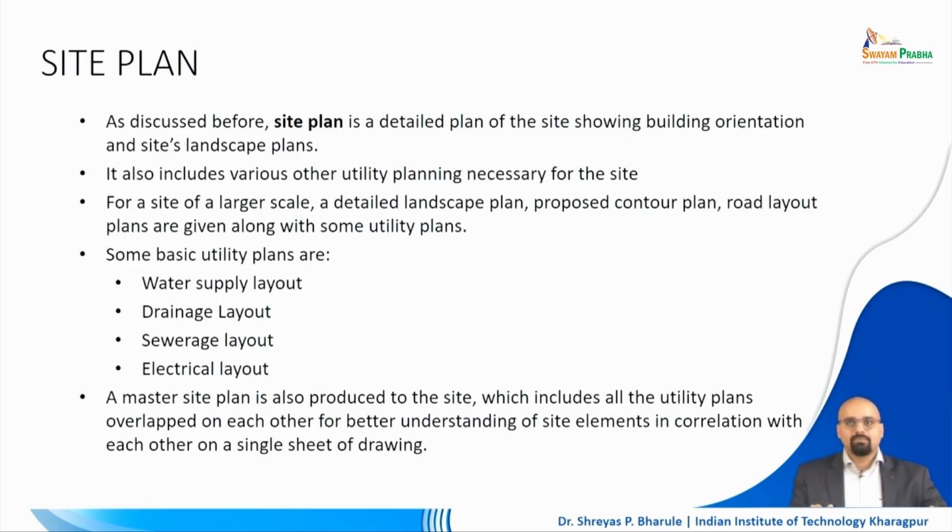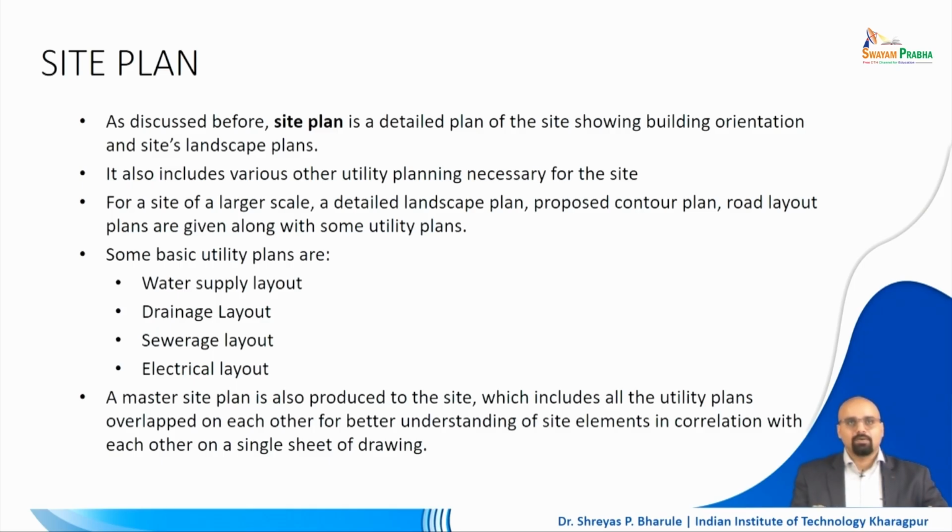The first and very important one is the water supply layout, right. The municipal water supply will be taken inside and provided as output through taps within your bathrooms, your kitchens and other supply points, your gardening area. All of that is to be laid out.